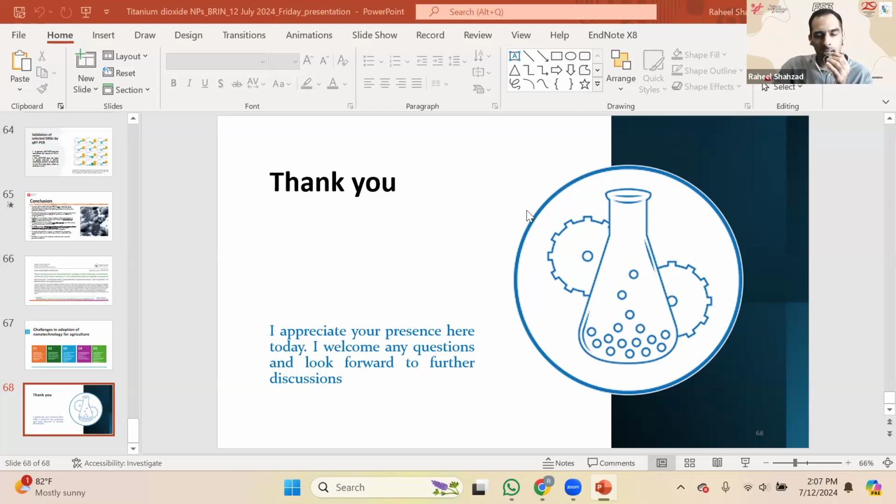That's the only possible thing that can be used for uniform application as far as foliar application is concerned. When you come to soil application, obviously you provide a very specific amount and mix it with the soil.